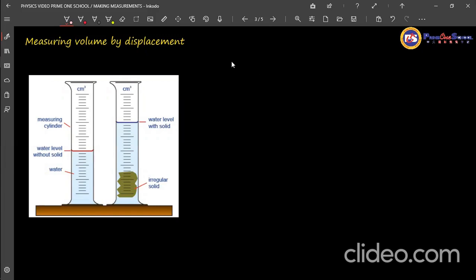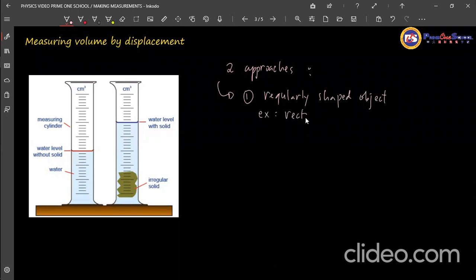Today we will talk about measuring volume. Actually, there are two approaches to measuring volume. The first one is for a regularly shaped object, for example a rectangular block.